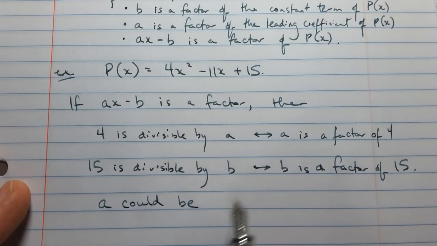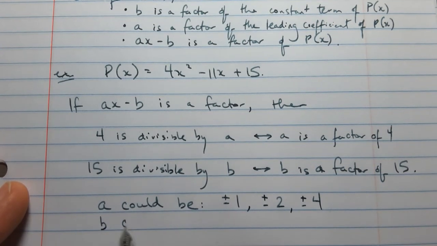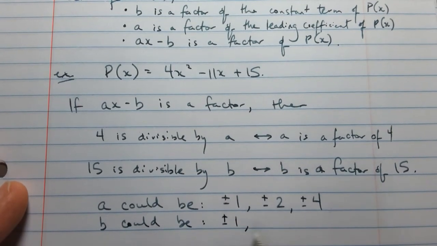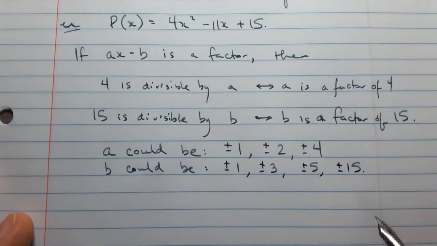It doesn't necessarily work out. A could be any one of these numbers. Well, could be plus or minus 1, could be plus or minus 2, plus or minus 4. Those are all the factors of 4. B could be plus or minus 1, then it's plus or minus 3, 5, or 15. So those are all of the possibilities.